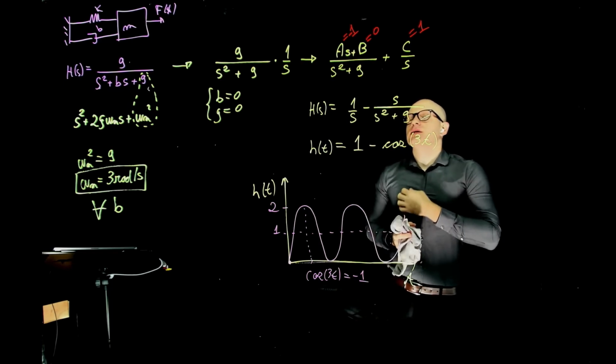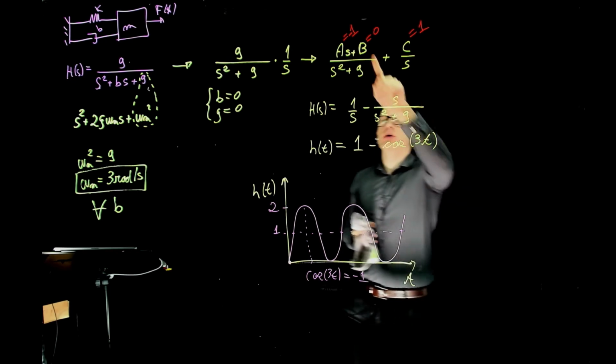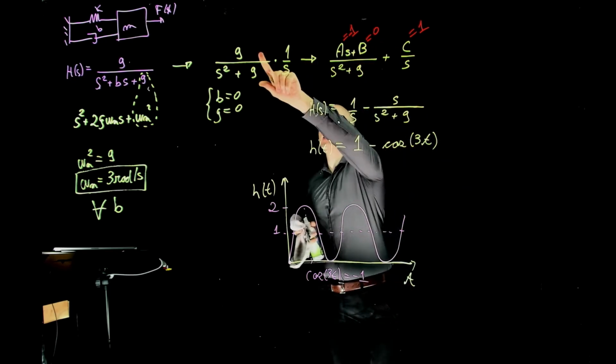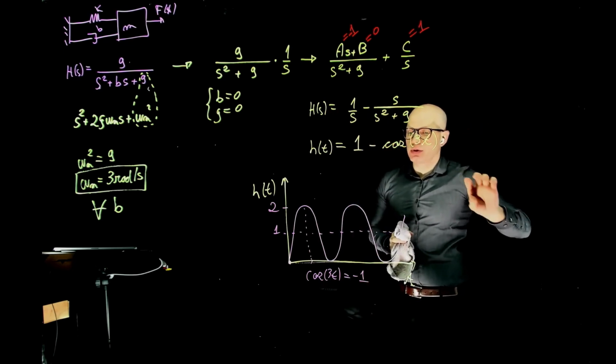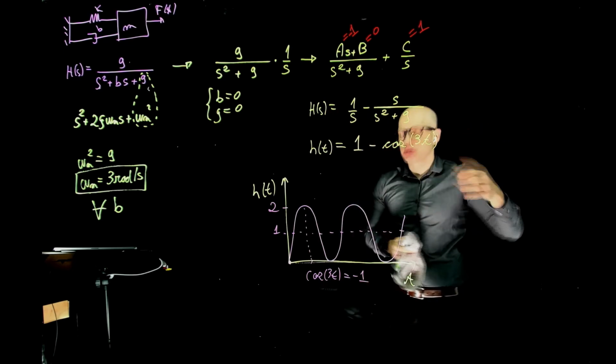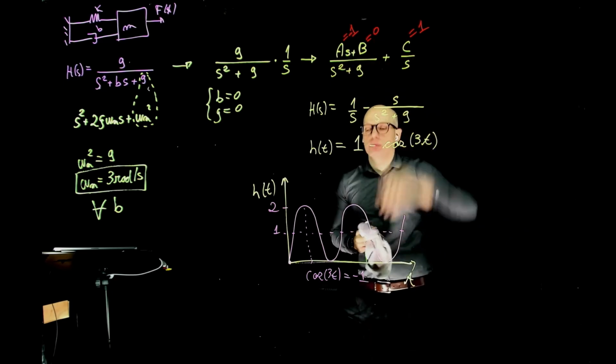The easiest one in this case would be to create a system of 3 equations and solve for it. So just cross multiply here, equate this to that, and then find the coefficients with s, with no s, s squared and so on, equate them, and then solve the system of 3 equations. That's how we find -1, 0, and 1.